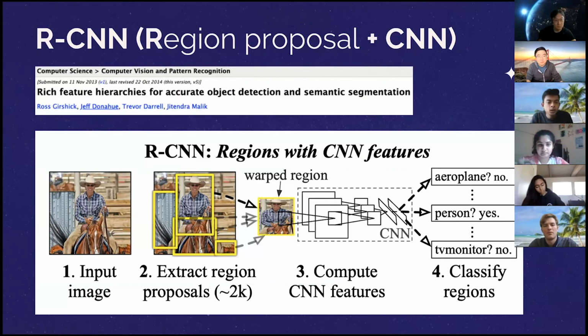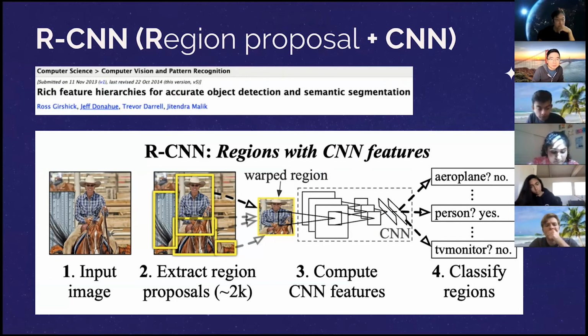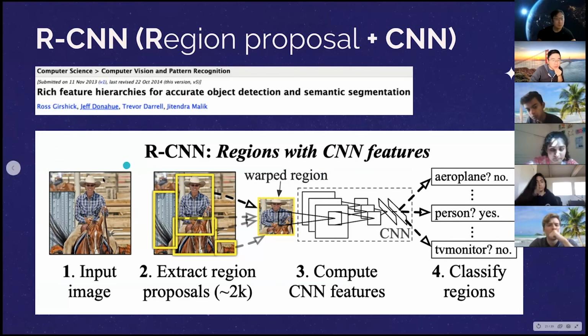So what can we do? Well, fast forward a few years, right? 2013 now, end of 2013, beginning of 2014. Then we came up with this algorithm called region proposal plus CNN. The way that we did it is you take this input image, and then you apply traditional computer vision on top of it.